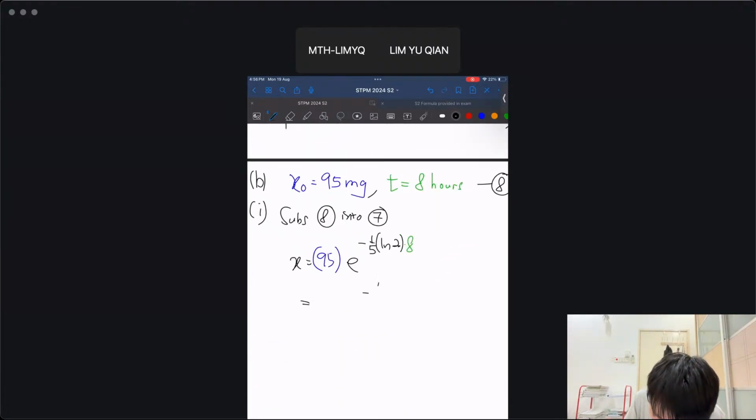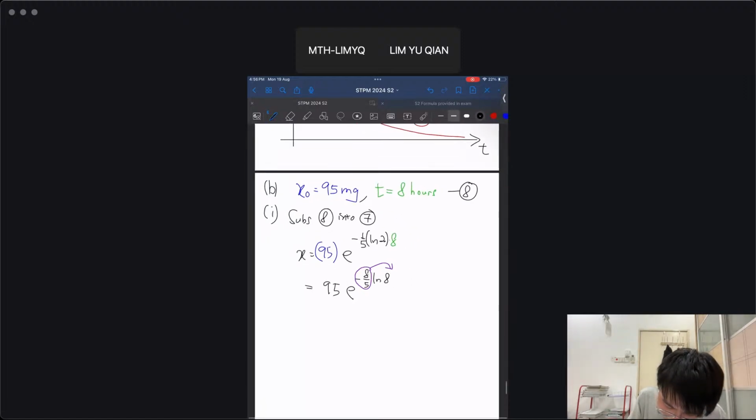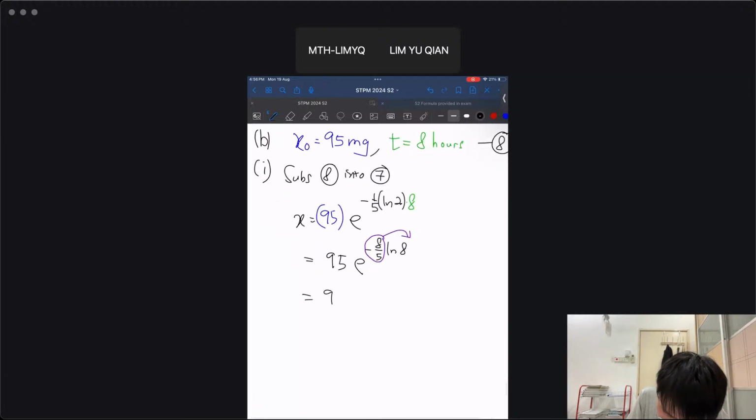Negative 8 over 5 ln 2 e, 95. So let's say you want to give the exact form, you can put at the top of this one: 95 e ln something. That something is 8 power negative 8 over 5.